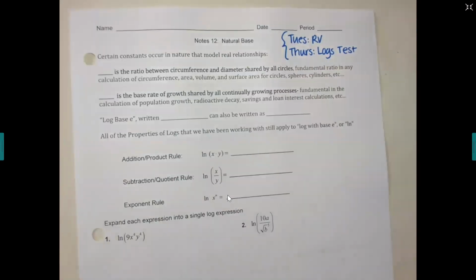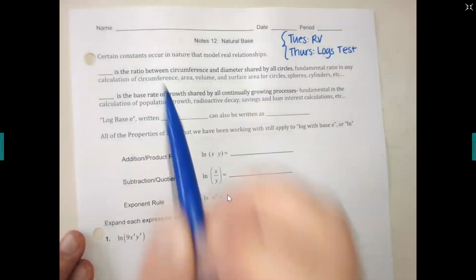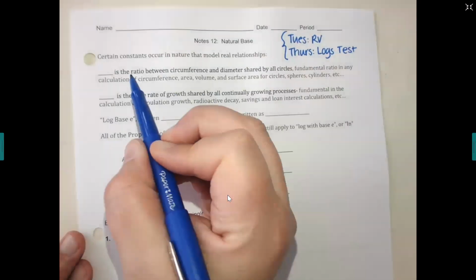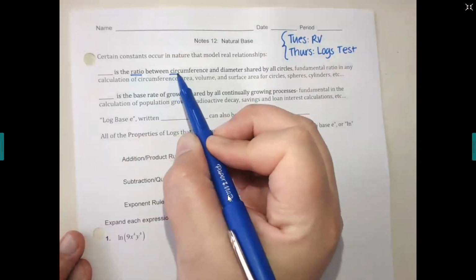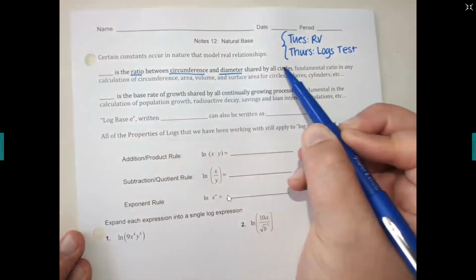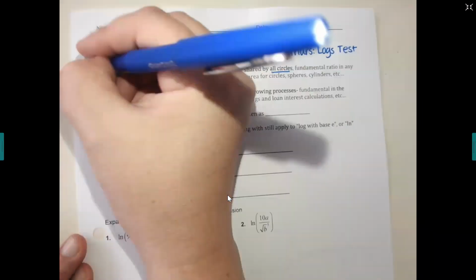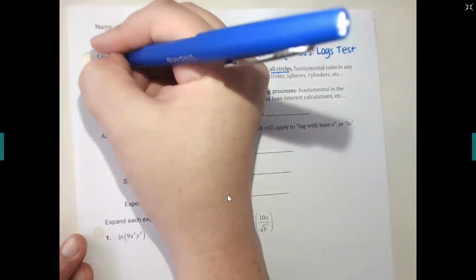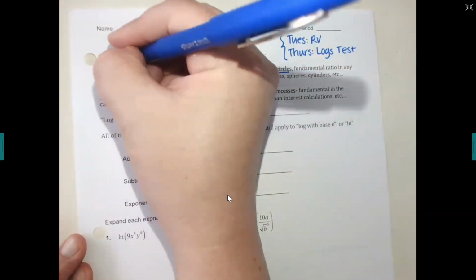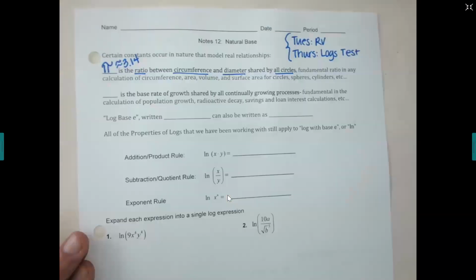So can you think of the number that I'm thinking of that is a letter for a ratio between circumference and diameter of a circle? Pi. It is pi. And what is pi approximately? 3.14.